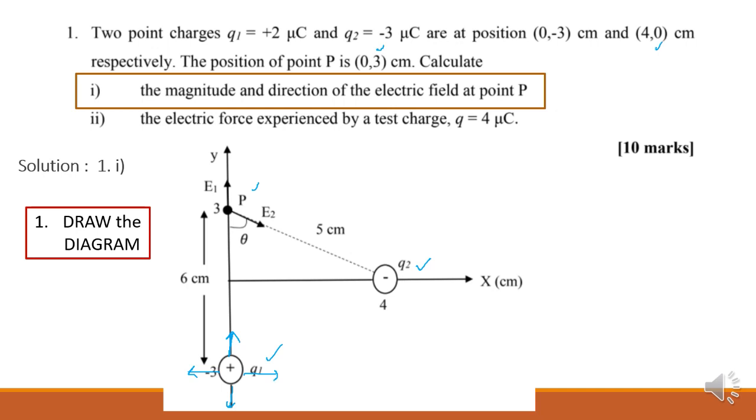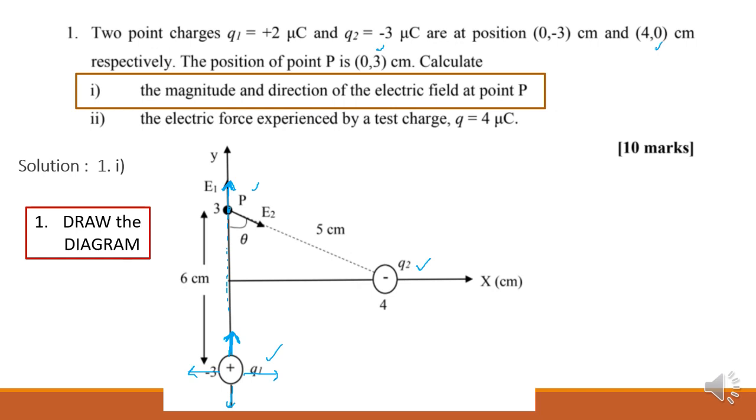Okay, so kita ambil titik P ni, tengok sambungan dia dengan charge Q1 ni. So kalau sini adalah arrow dia, so dekat point P ni arrow dia kena macam ni juga. Okay, kena follow the arrow dekat charge Q1 so that is the E1.